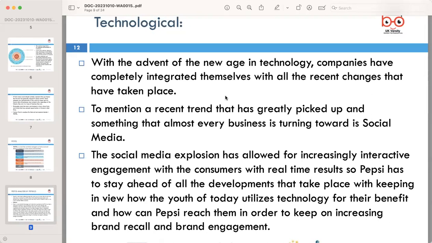Pepsi must remain at the forefront of technological developments and understand how today's youth leverage technology for their benefit. This knowledge is essential for maintaining and enhancing brand recall and engagement.